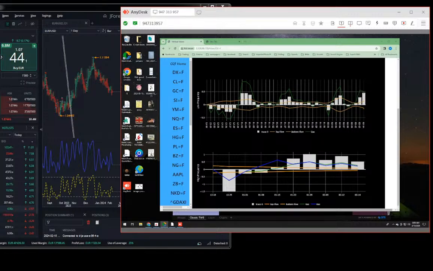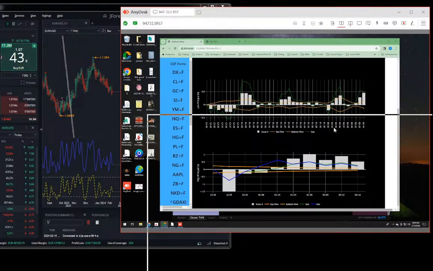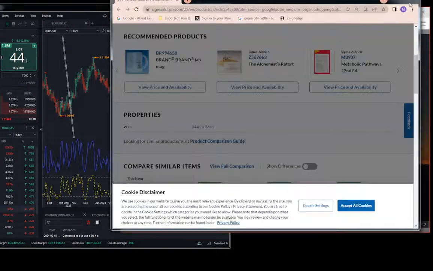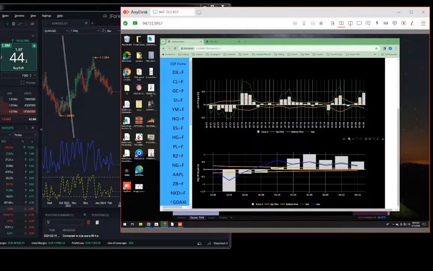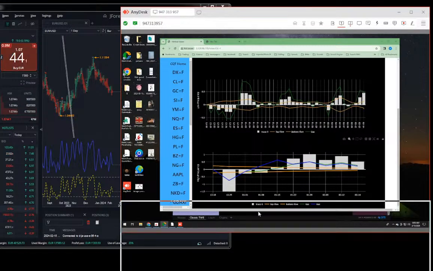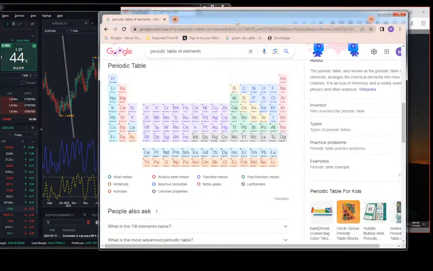No, I don't like that. Let's go back and find a better one. They want to charge money for it. No, I want a free one. Oh, here we go. There's the periodic table. There we are. No, that's not it. Let's see if we can move this one up. Right there. There's the periodic table.